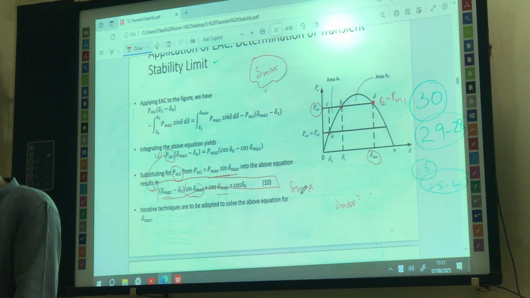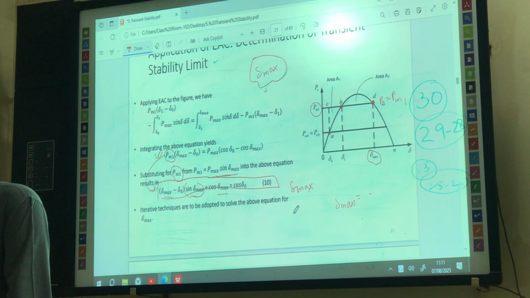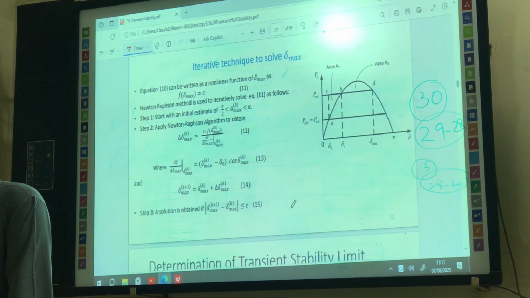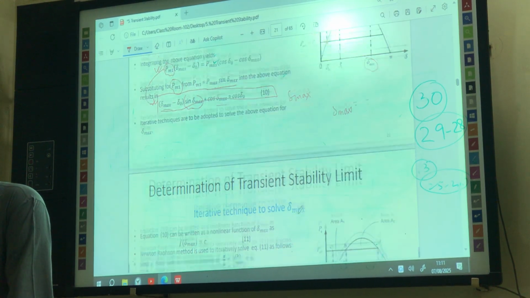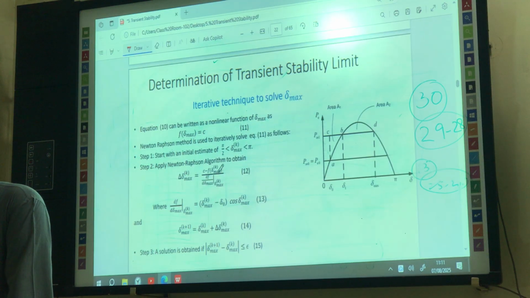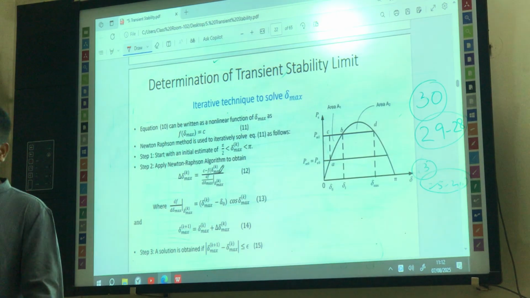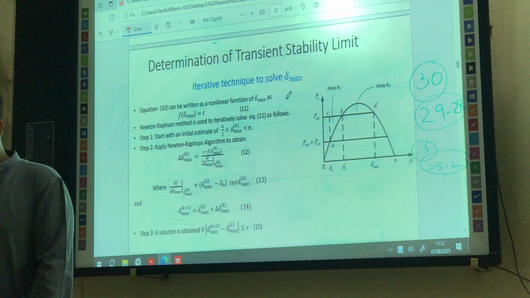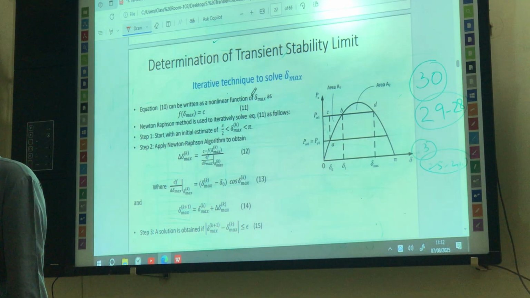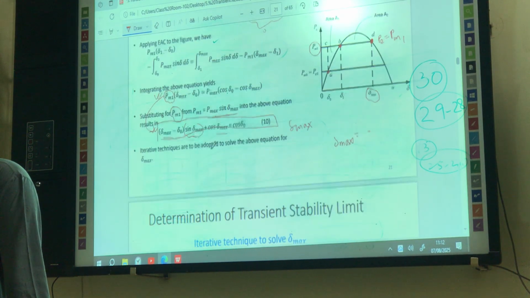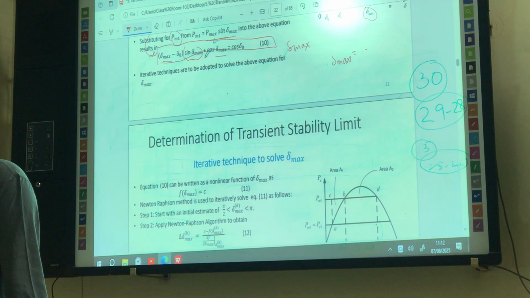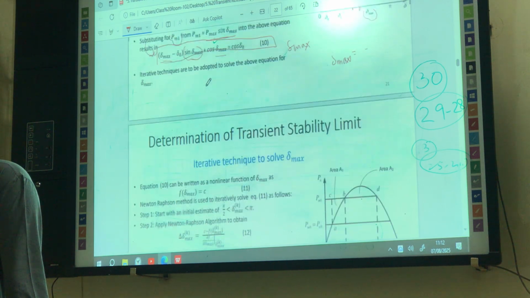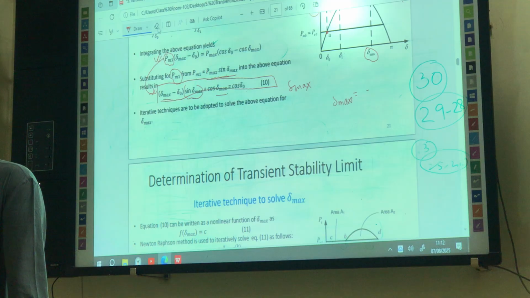Any questions up to now? Now, how can we solve for delta max using the iterative technique? That is important to understand. First, we have to write this expression as a function of delta max.